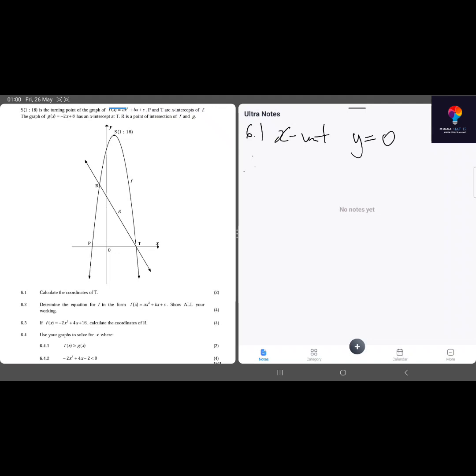As I've just said, for an x-intercept, y is equal to 0. We're going to take the equation of g of x, minus 2x plus 8.